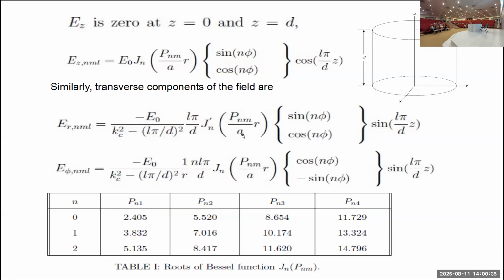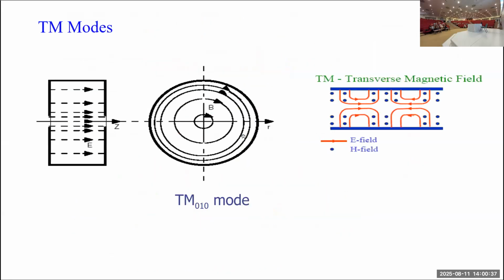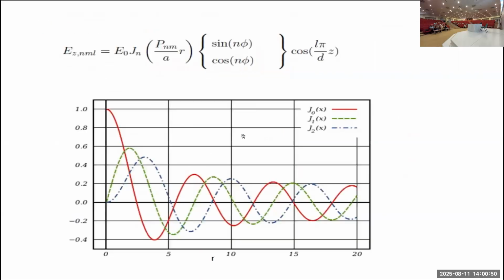r is a running parameter here, and you will get a field inside the cavity in such a way that there is one intensity maximum at the center, and the other intensity maximum will be lying in between here. Here, the zeroth order Bessel function is maximum at the center.